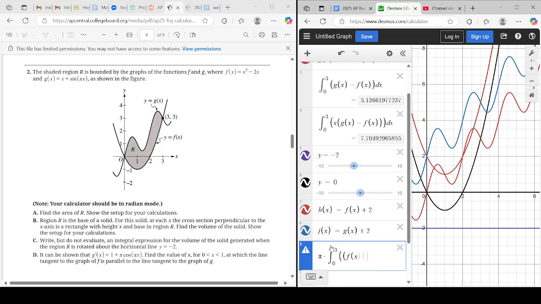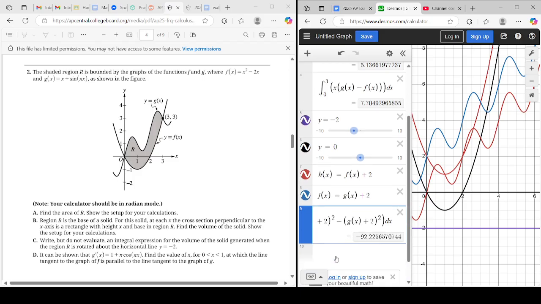So here is f of x plus 2 squared minus g of x plus 2 squared. And don't forget the differential dx. Wait, let me see this. No, it's g minus f. Yes, g is upper and f is lower, and now this should be the true setup.